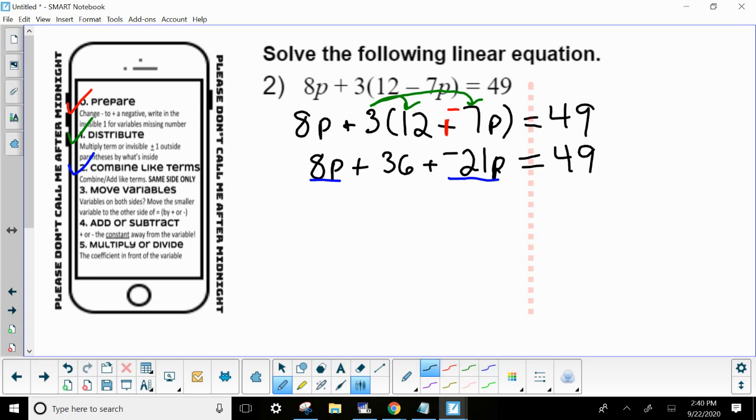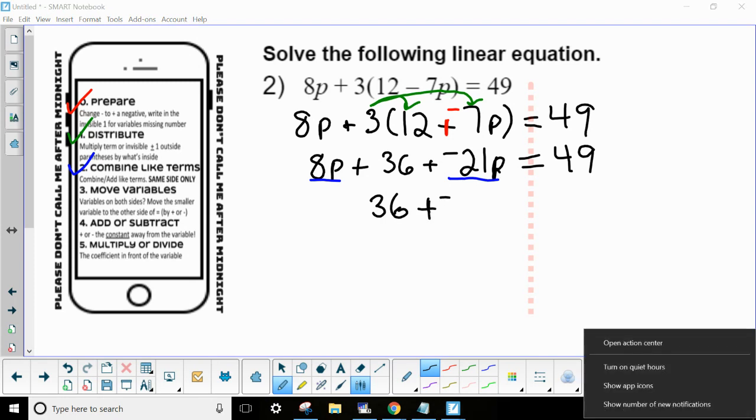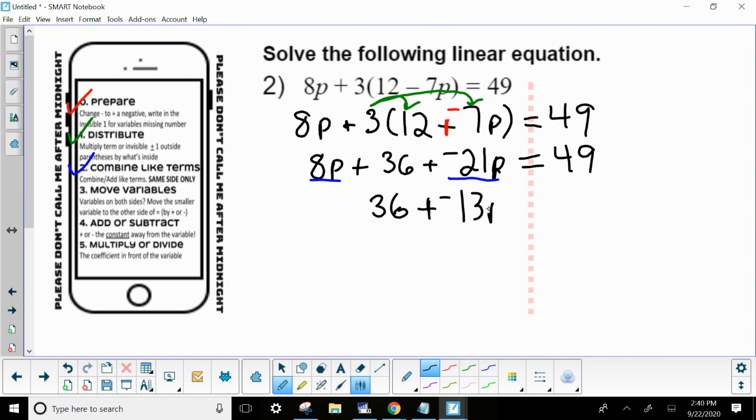When we bring those two together, we get 36 plus negative 13p, which is equal to 49. So the 8p plus negative 21p gives us plus negative 13p. I have combined like terms.